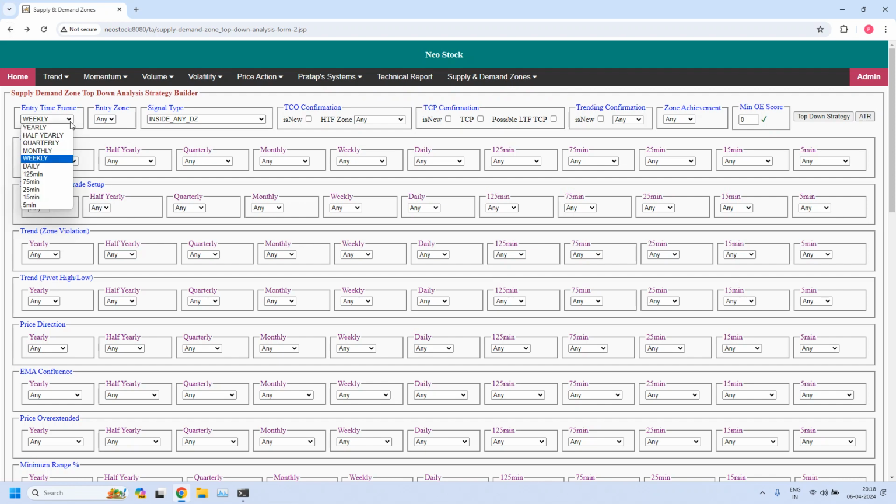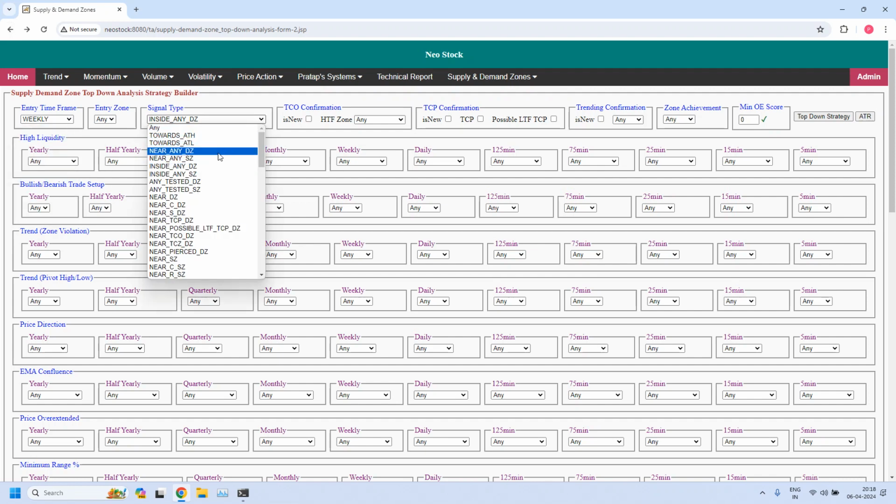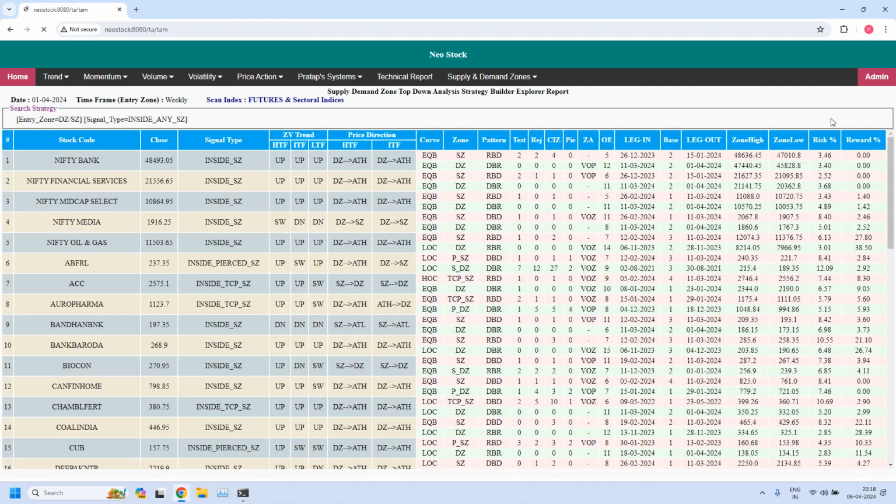So I'm going back. For weekly time frame, let us find the stocks where price closed inside weekly supply zone. So this is the filtered list. It seems to be like we have a big list. So I keep on scrolling this list down. You just need to pause the video and after that you can proceed further.